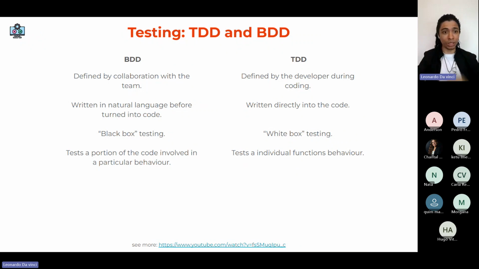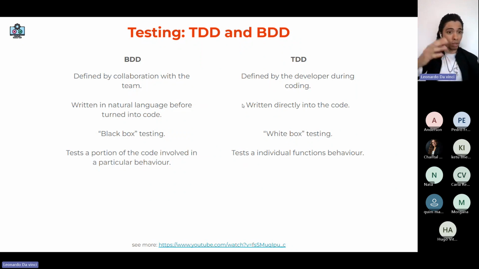It has to be written before you write your code, right? So if you ever change a function because it's not necessary anymore, because you made it return a different value for whatever reason, because you changed the strategy of that component, you certainly have to rewrite the tests. For the BDD, you have less of this problem, right?